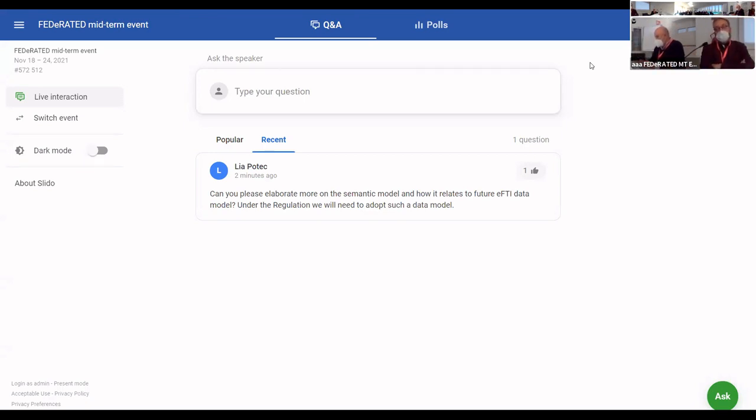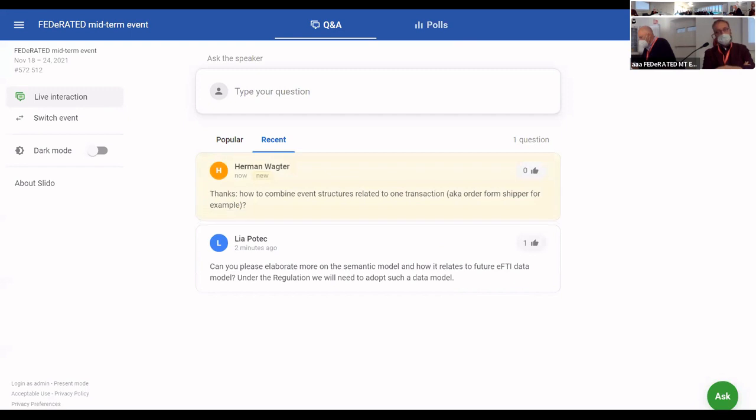So the EFTI data set, or data model, that's a view on the semantic model. So it's a combination of what you could call concepts, properties, however it's defined in the semantic model. And so you could create the EFTI data model view on the semantic model.